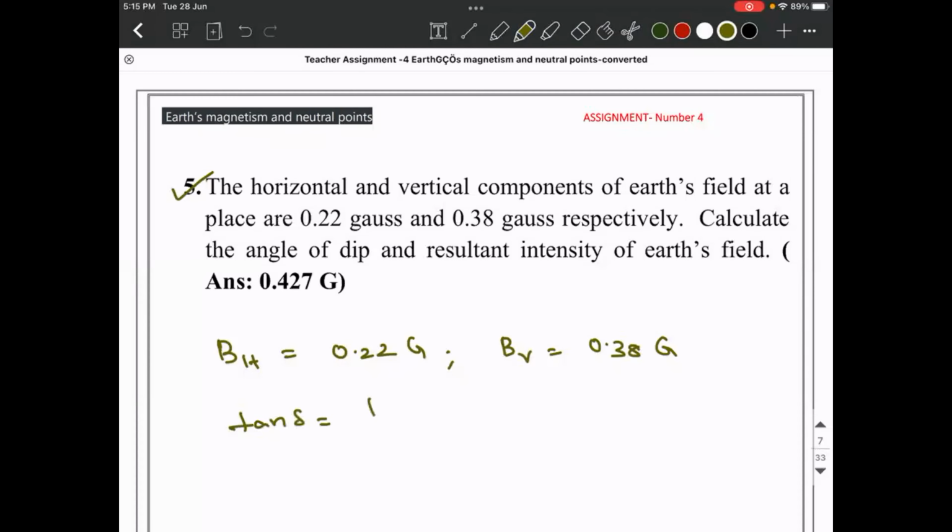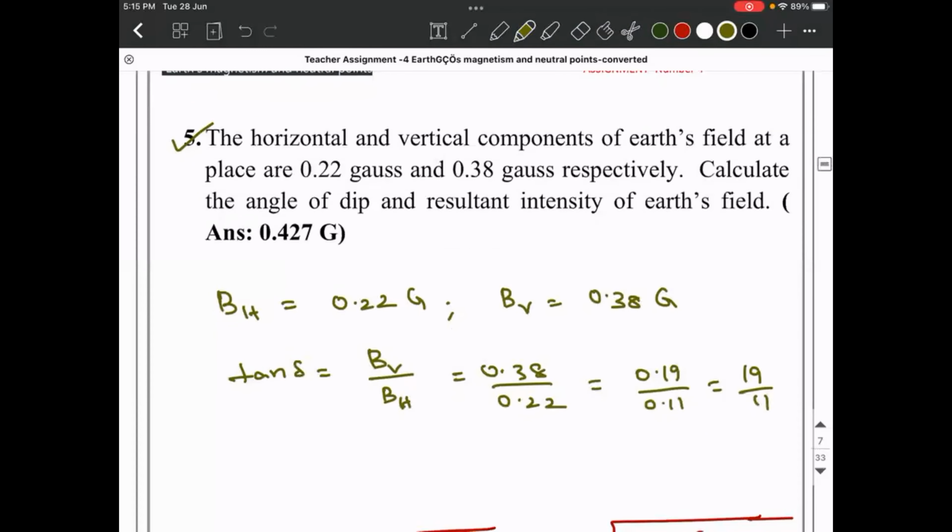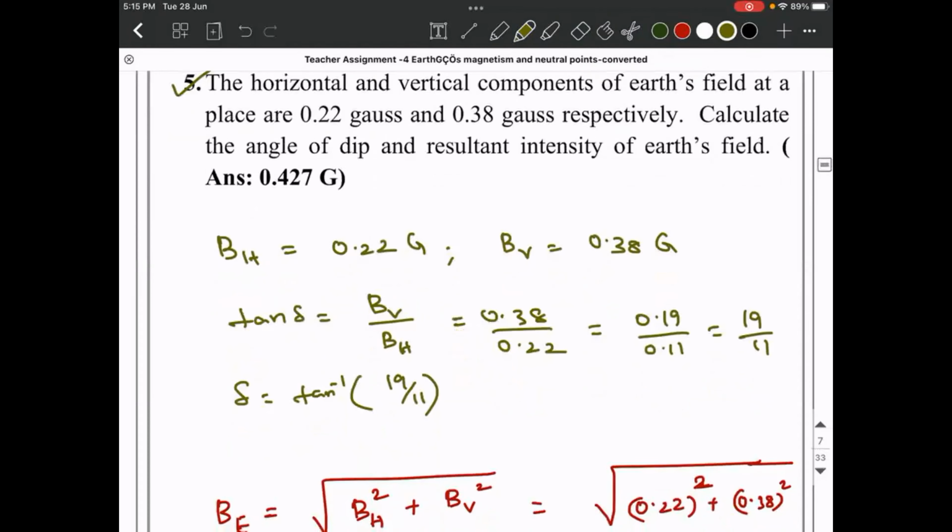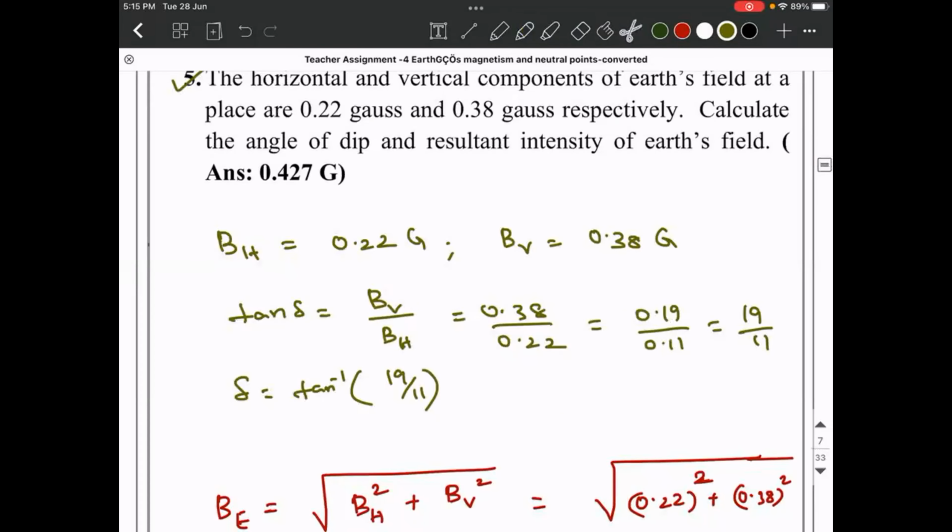For this, tan delta will be equal to BV divided by BH. That is 0.38 divided by 0.22. So that is 0.19 divided by 0.11, or this is equal to 19 by 11. So delta will be equal to tan inverse of 19 by 11. Is that right? So the next one I've already written. You are able to see the formula.